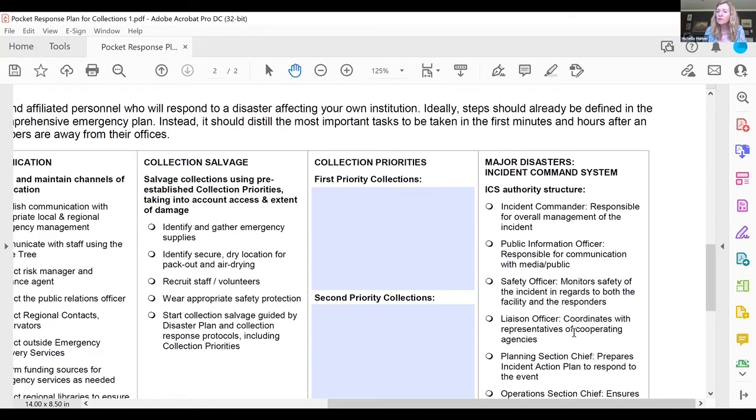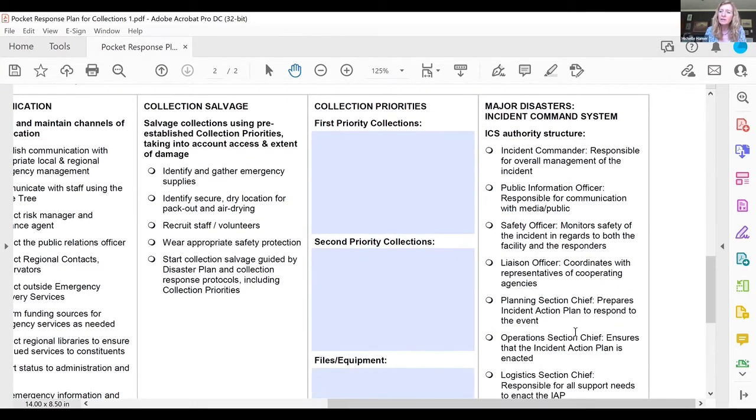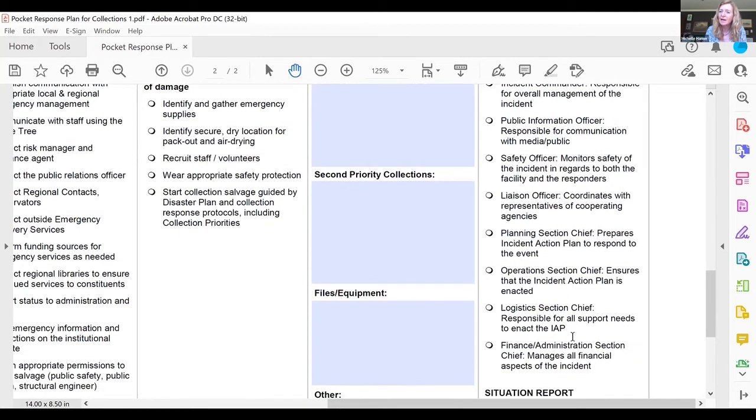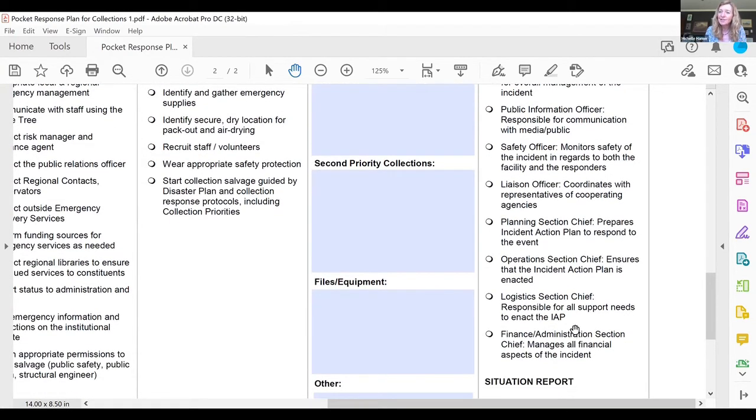So somebody has to take responsibility for the safety of everybody on site. There's a liaison officer to coordinate with representatives of the cooperating agencies. The planning section chief prepares the incident action plan to respond to the event. There's an operations section chief, who ensures that the incident action plan is enacted. Logistics section chief.